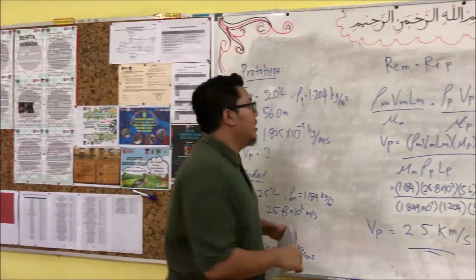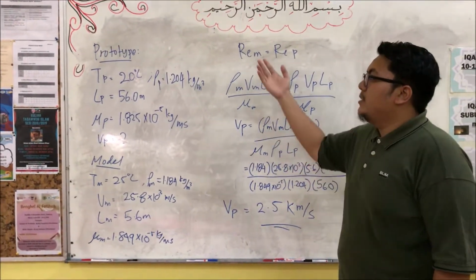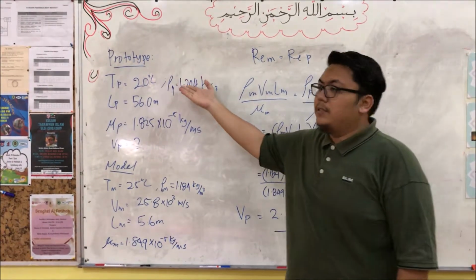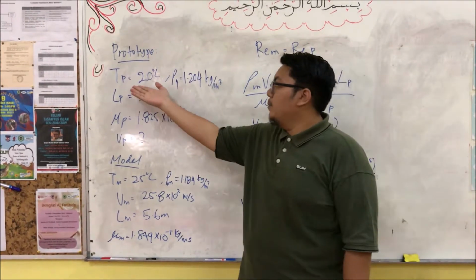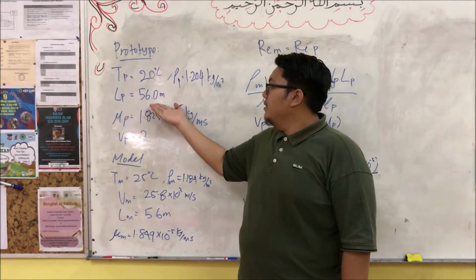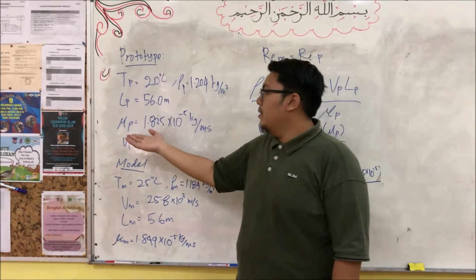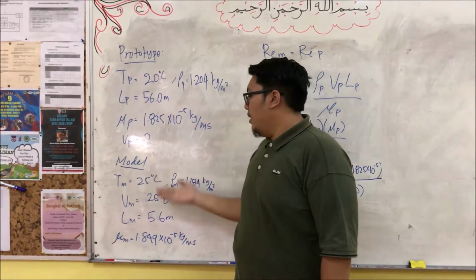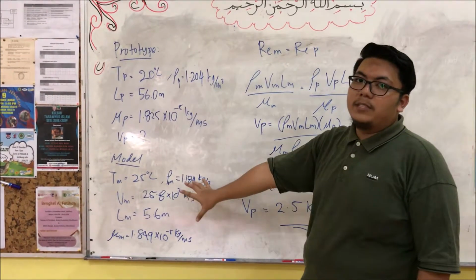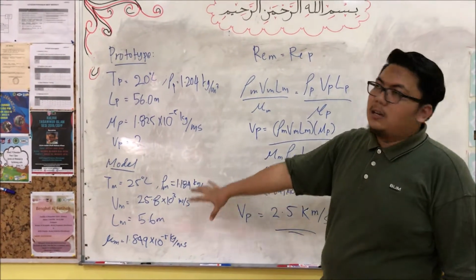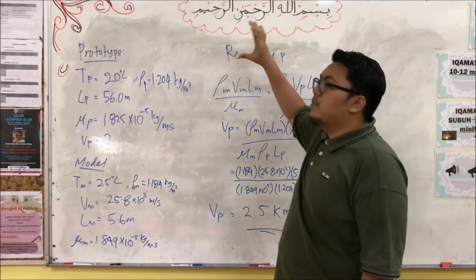Okay, this is the solution of the question. As we can see, these are the information that has been given in the question. So we can see the temperature, we can see the length, we can see the rho or the diameter, we can see the dynamic viscosity, we also have velocity, and from this information we use this formula, that is the Reynolds number formula.